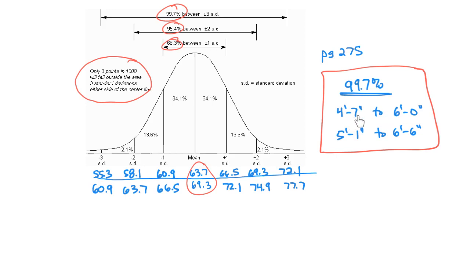You know, there's variation and randomness built in, but generally speaking, out of 1,000 random people, only 3 of them wouldn't fit in here. So it's just our first example of a normal distribution using human heights.